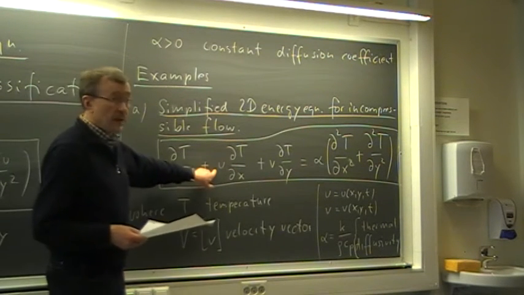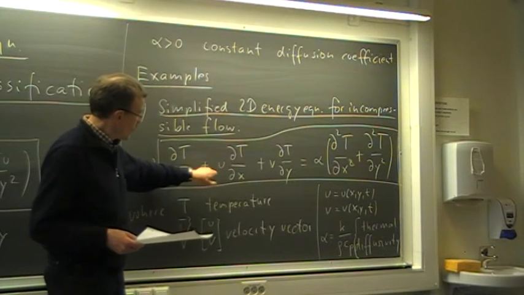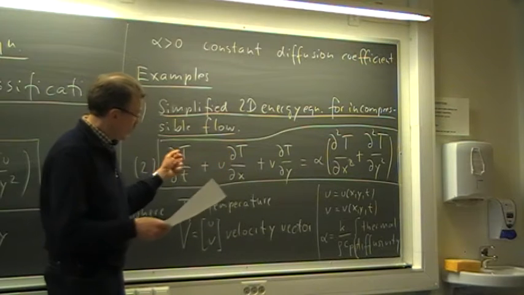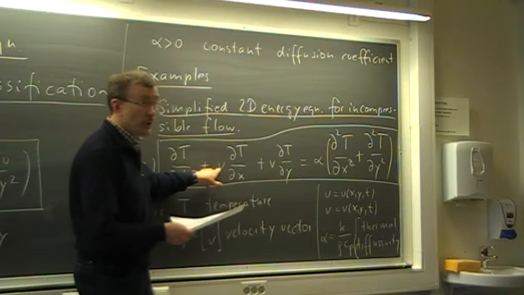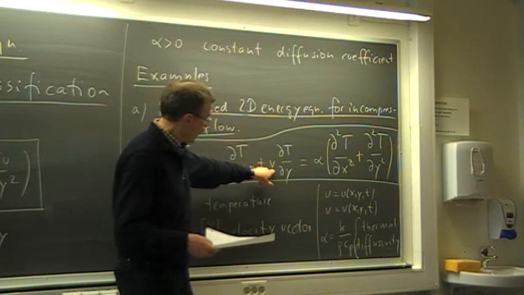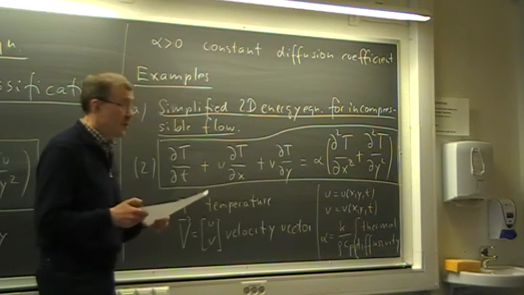This form that we have here is the so-called non-conservative form, because we have here a derivative. We cannot write this as a total x derivative because we have the u in front, and we cannot write it as a total y derivative because we have the v in front, but we can write it in conservative form using the continuity equation.